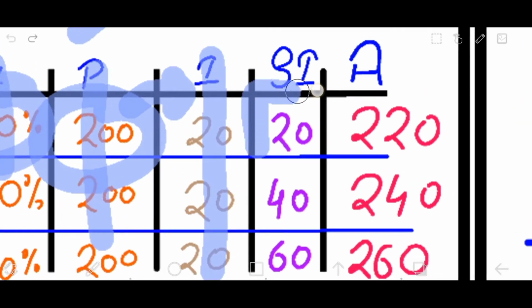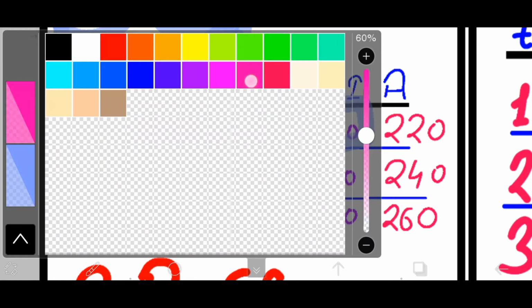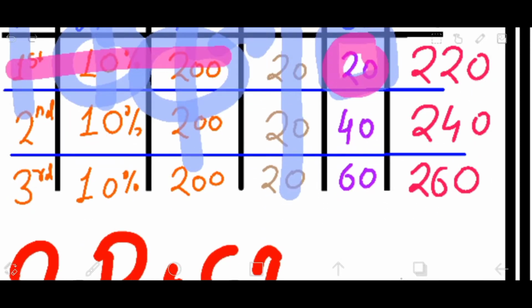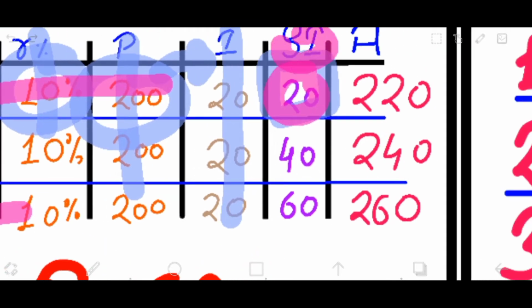But here it comes, your SI. If it's the case of the first year, then it becomes 20 only. But if it's for the third year, you can see the SI has to be multiplied by 3.